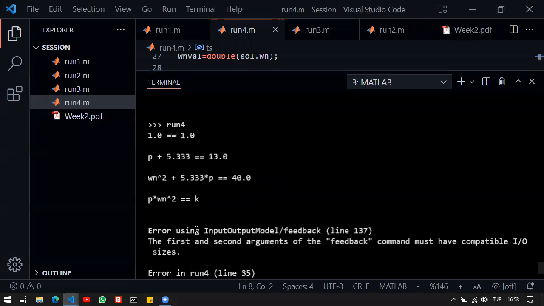And here we have 40. Now, in this case, in order to satisfy the third equation here, omega n squared should be negative. Otherwise, I'm not able to satisfy this condition. And if omega n squared is negative, that means that the square root will be negative 1 or minus 1, which means that omega n should be complex. And I'm not allowing it.